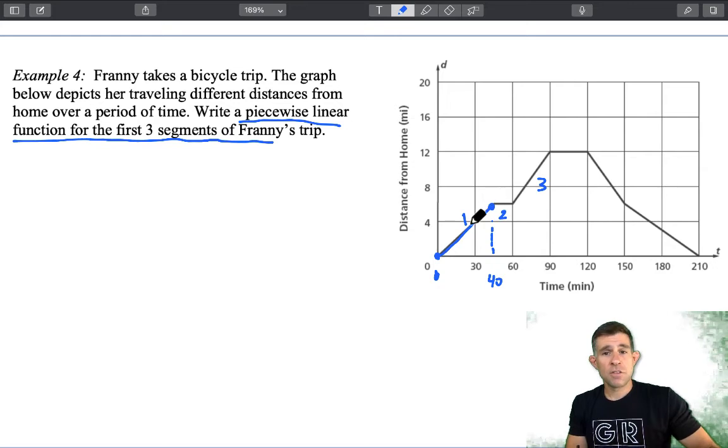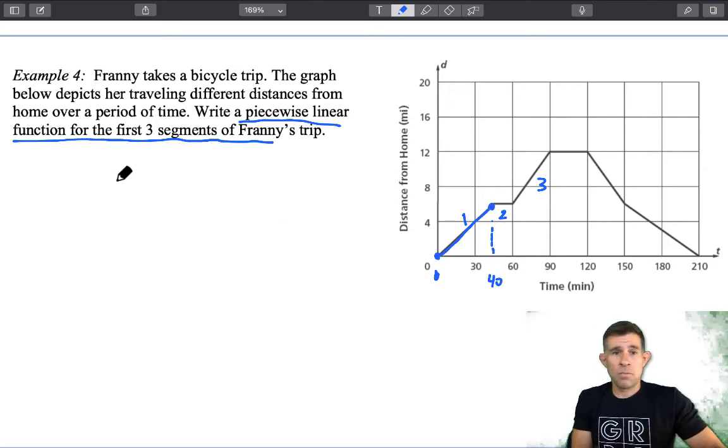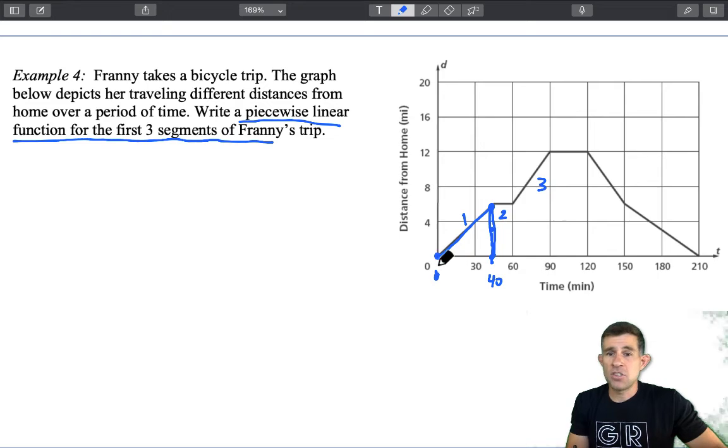So let's just find the slope of this line. Well, remember, slope is change in y over the change in x. So going from these 2 points, I can see that the change in y looks like it's going from 0 to, let's call it 6, all right?